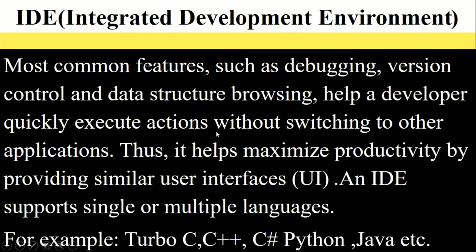In this paragraph, they explain that the IDE helps us to write the source code, compile the source code and remove the errors. All the things are in one place. That's why we can switch very quickly and maximize the productivity of the software.